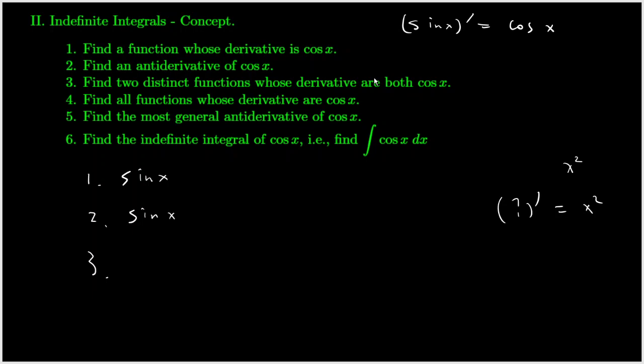Anybody want to tell me that? You take the derivative of what function you can get x squared? A little bit of a hint: it has to be a number times x cubed, right? The problem is which number times x cubed.